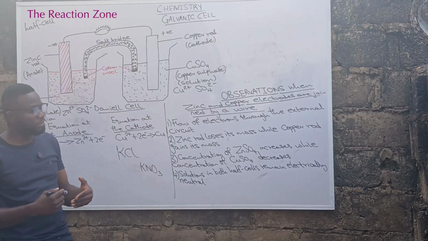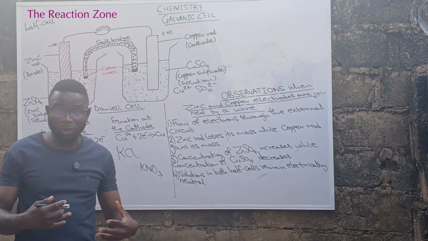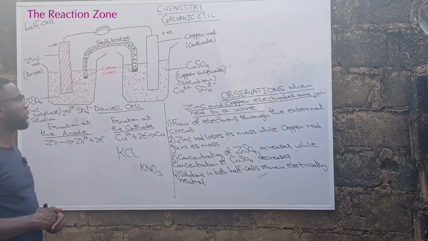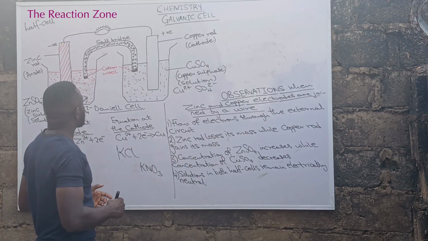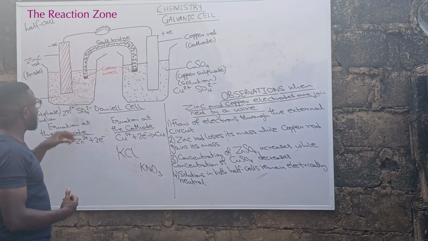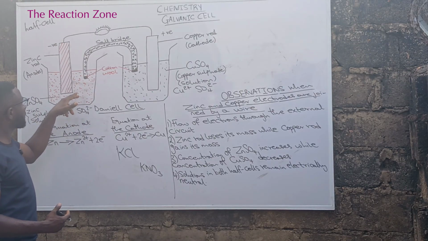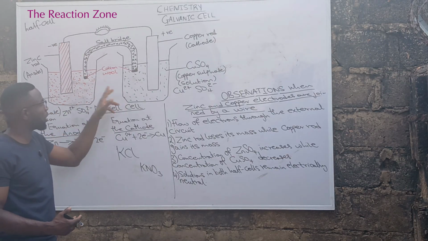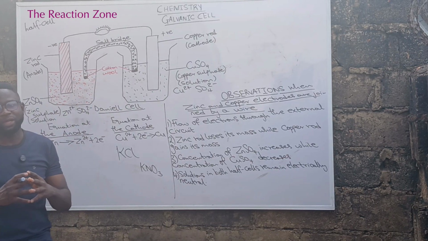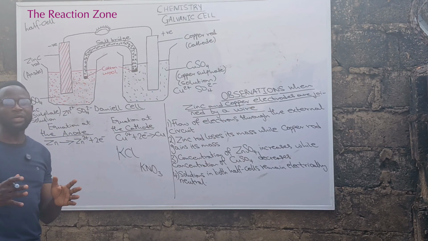So it prevents direct mixing or mechanical mixing of the solutions. Now, it also maintains the electrical neutrality. It ensures that the solutions in these two half cells remain electrically neutral. Now, how exactly does this happen?